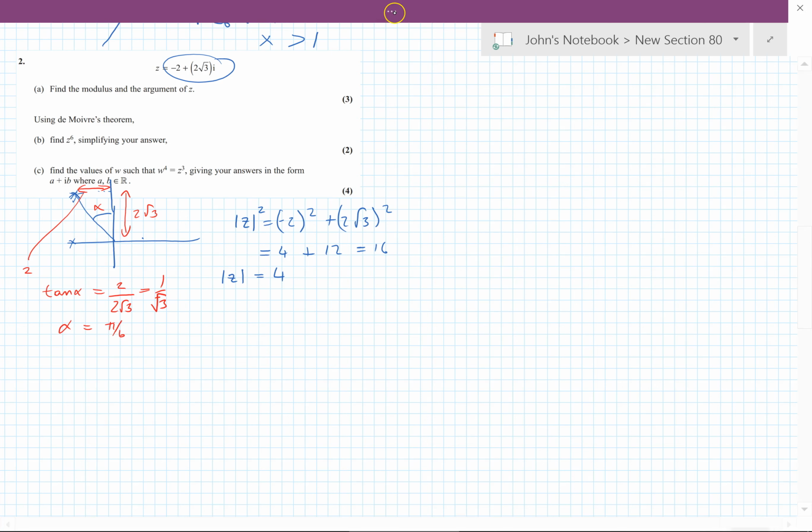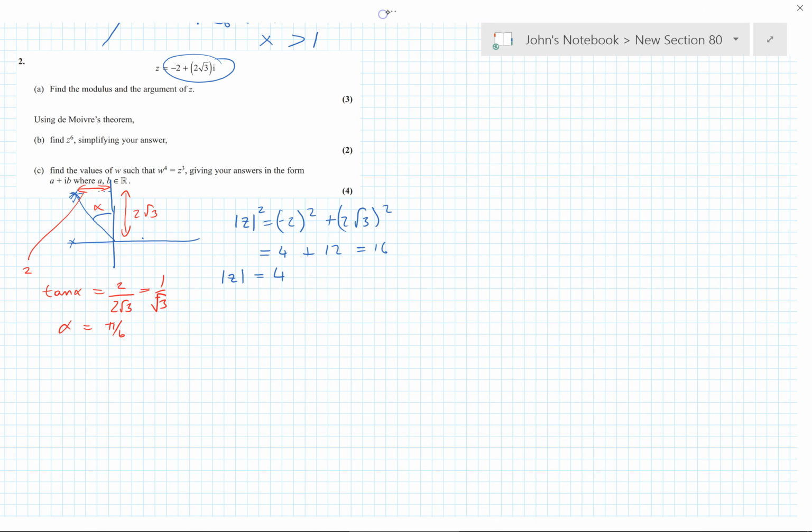So that means going back to the question, we then have argument of z is equal to pi over 2 plus pi over 6, which is equal to 2 pi over 3.